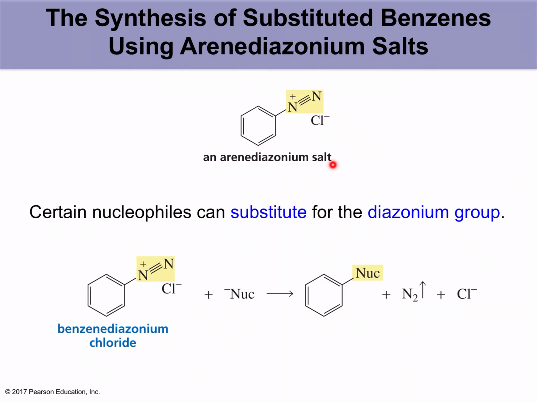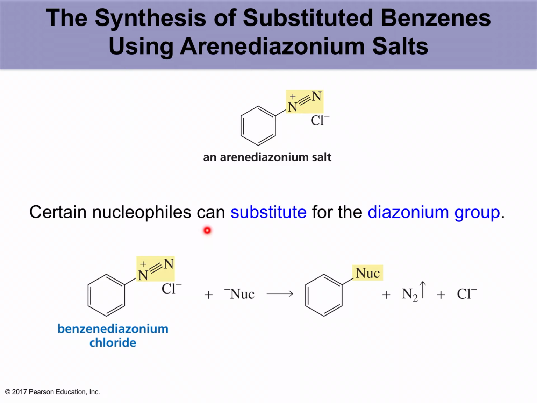Arenediazonium salt. So this salt has many advantages. Okay, so let's see how to synthesize that, and also how to synthesize substituted benzenes using this Arenediazonium salt. So this is the arene part, and this is the diazonium salt.